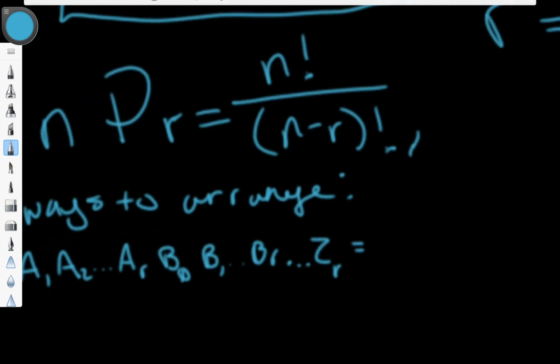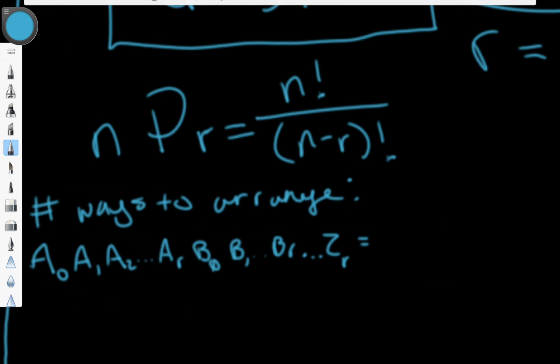how can we write the number of letters? I'll just write n for the number of letters factorial over, how do we write the number of repeats?